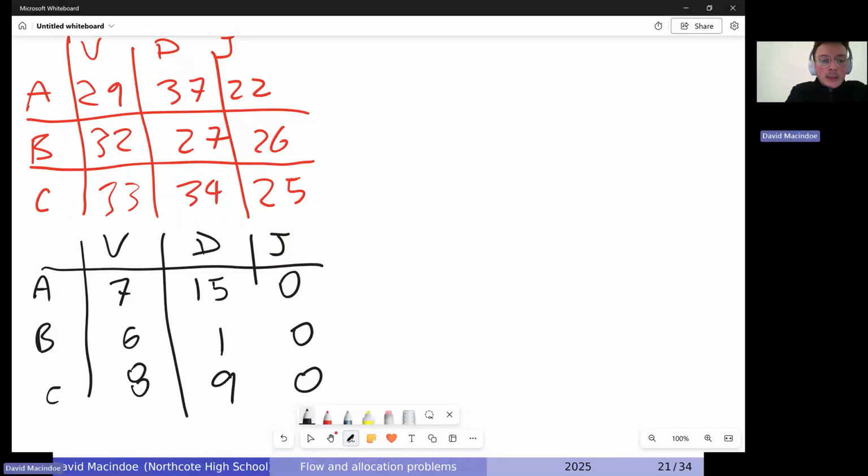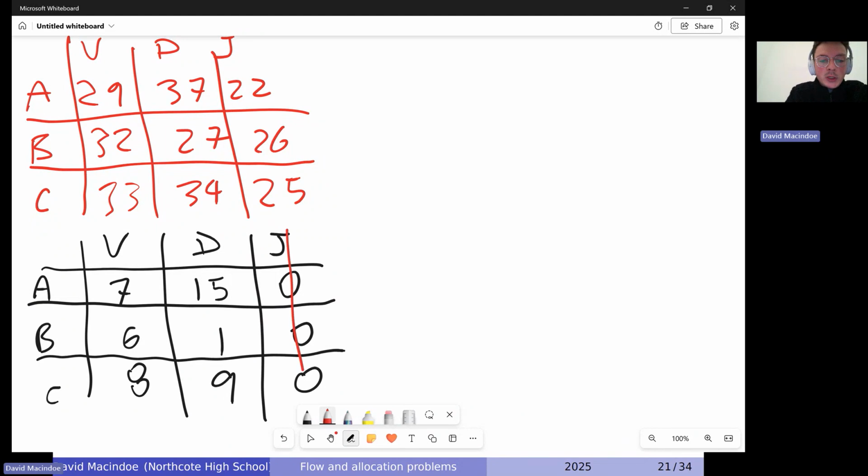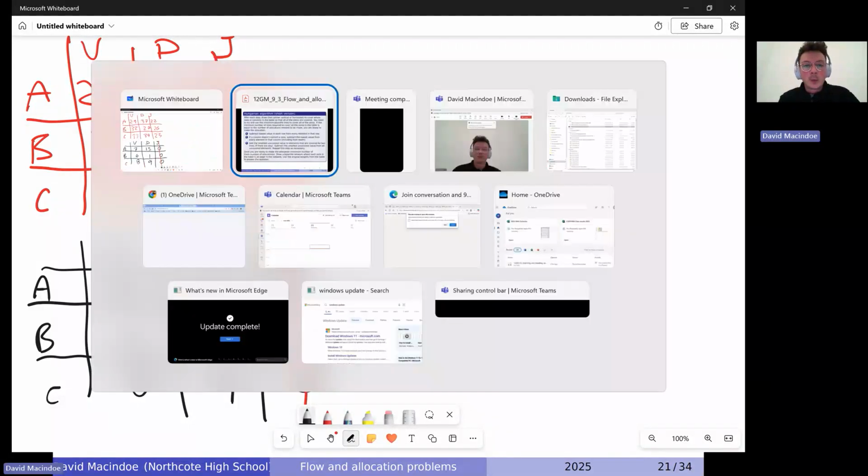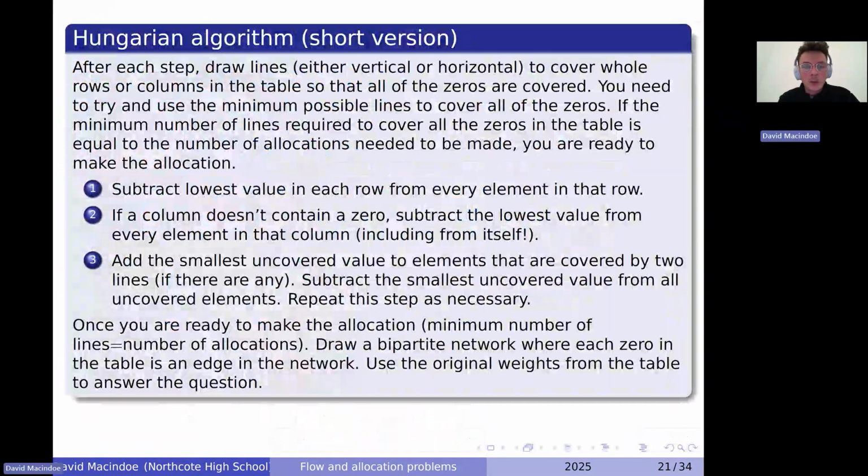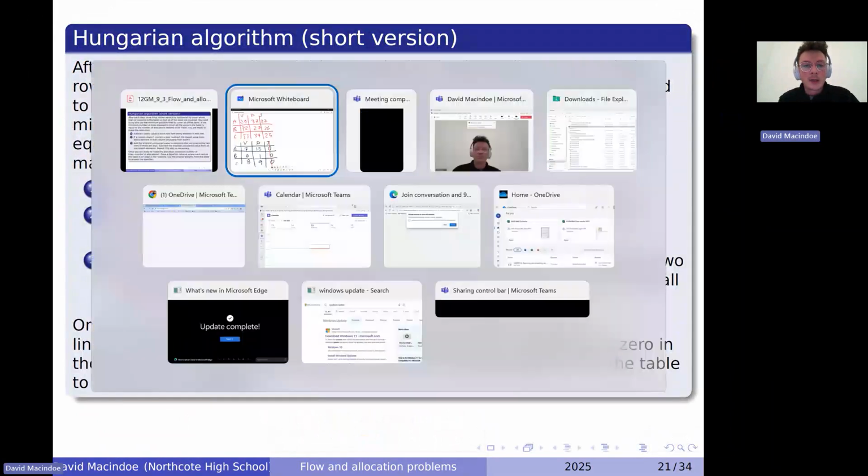And what we can see is if we then check what's our minimum number of lines, it's just 1. So we've got to go on to the next part of our algorithm, where if a column doesn't contain a 0, we're subtracting the lowest value from every element in that column.